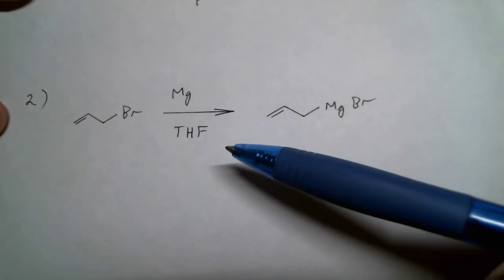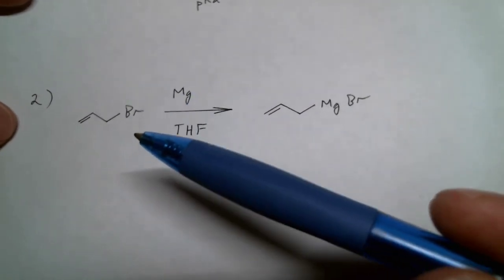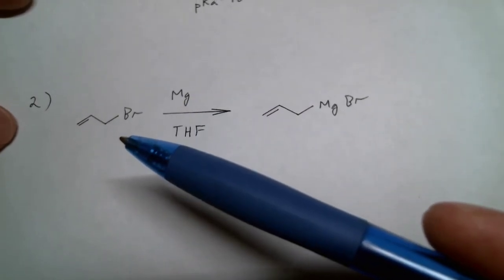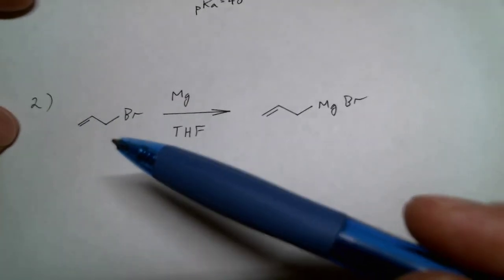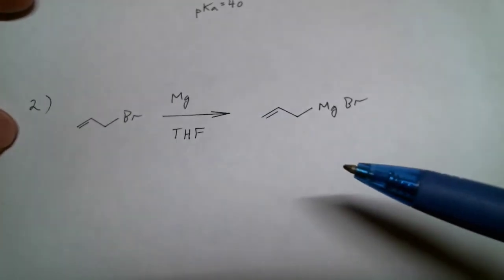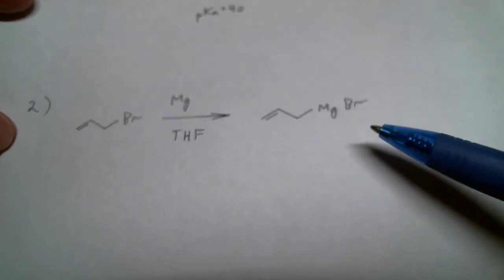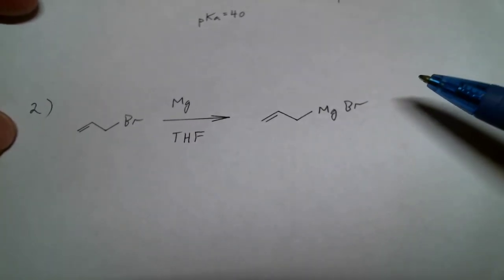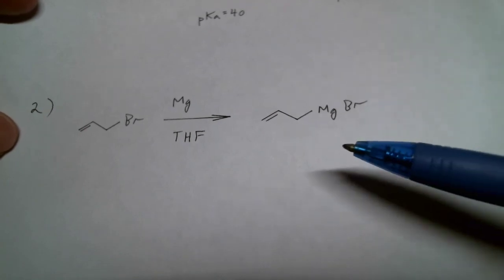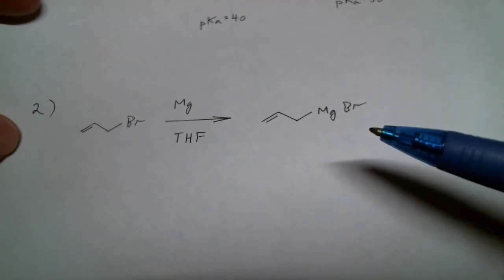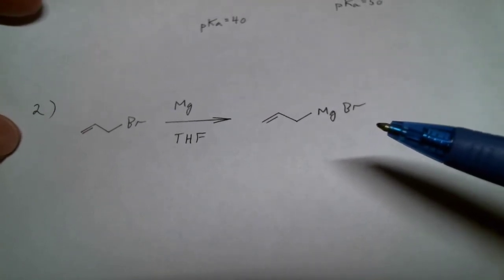Of course, another way we could do this is we could simply throw allyl bromide or any other allylic halogen in with magnesium and generate, in this case, an allyl magnesium bromide reagent. We can buy this too, of course, if we need to use something like this to react with other things in lab.